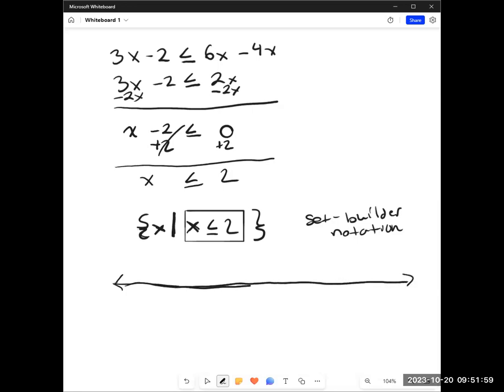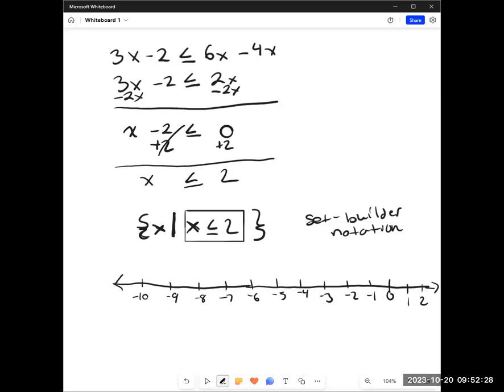So I have -10, -9, -8, -7, -6, -5, -4, -3, -2, -1, 0, 1, 2. It could keep going, right?